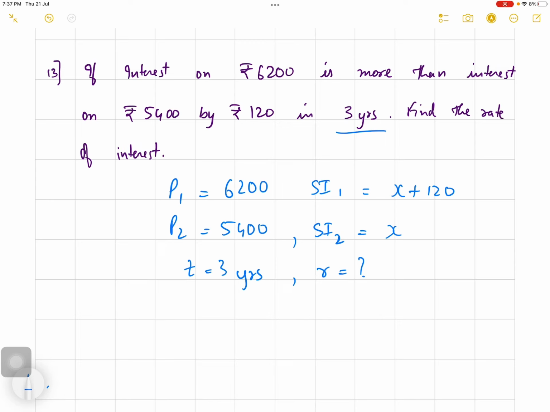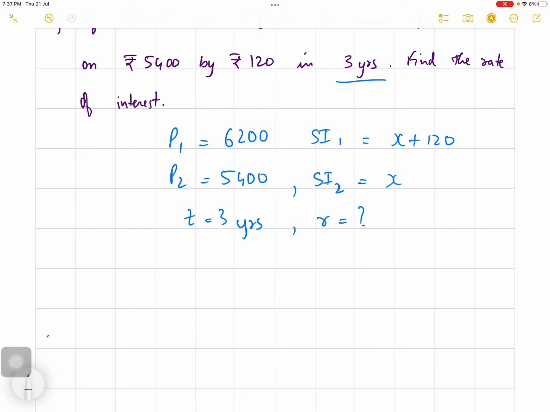Simple interest 1 minus simple interest 2 is equal to 120. Simple interest 1 is P into T into R, correct?